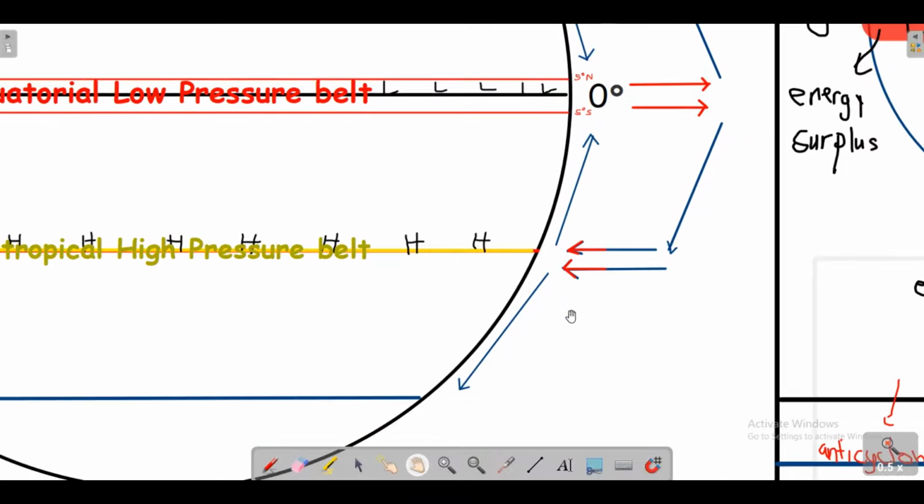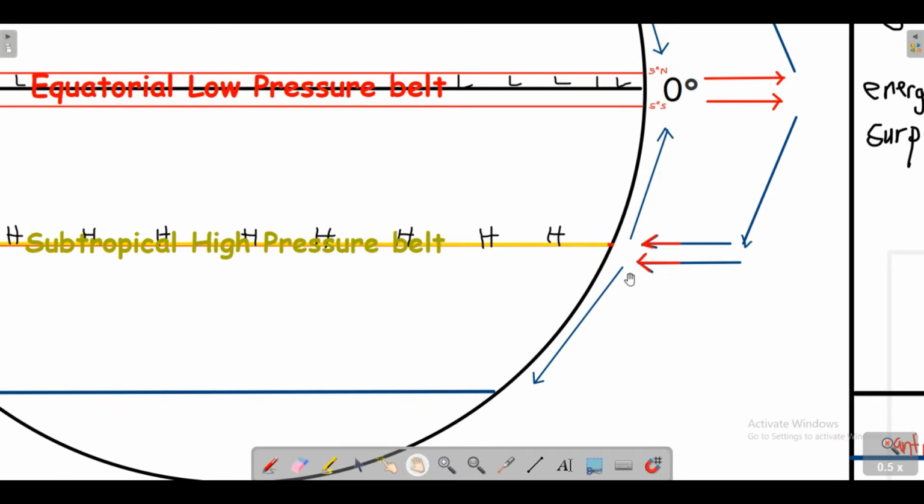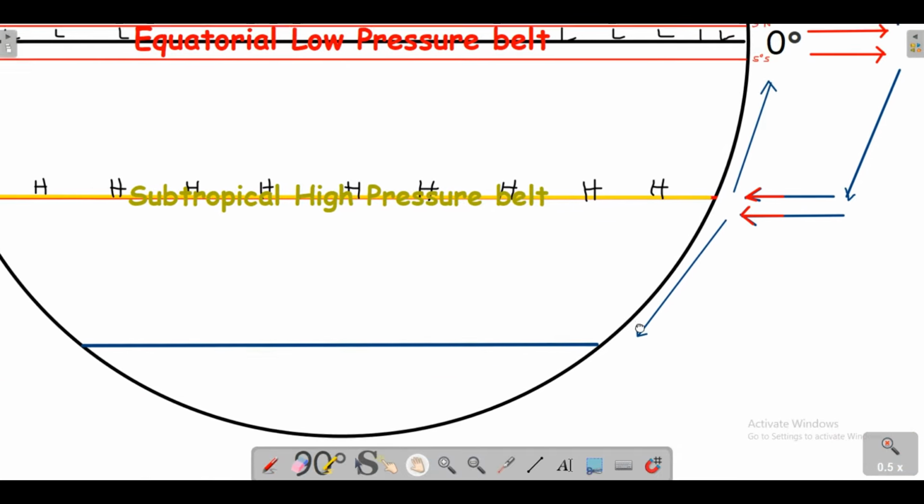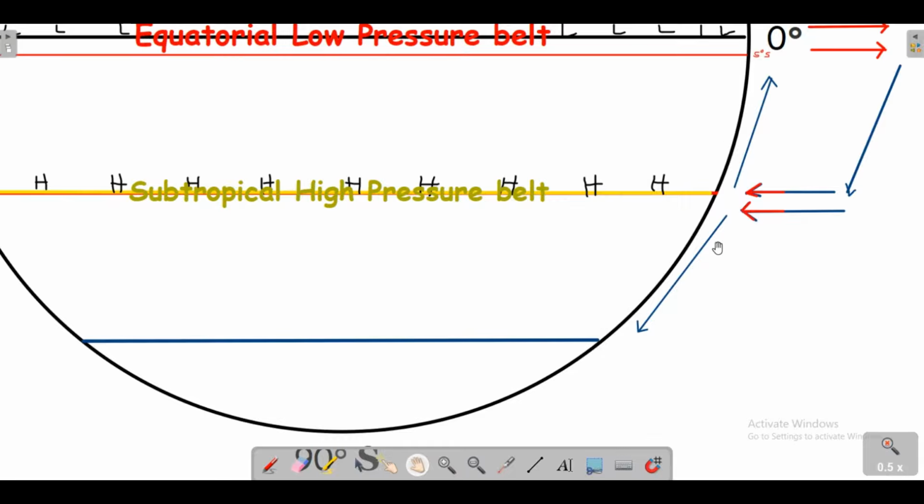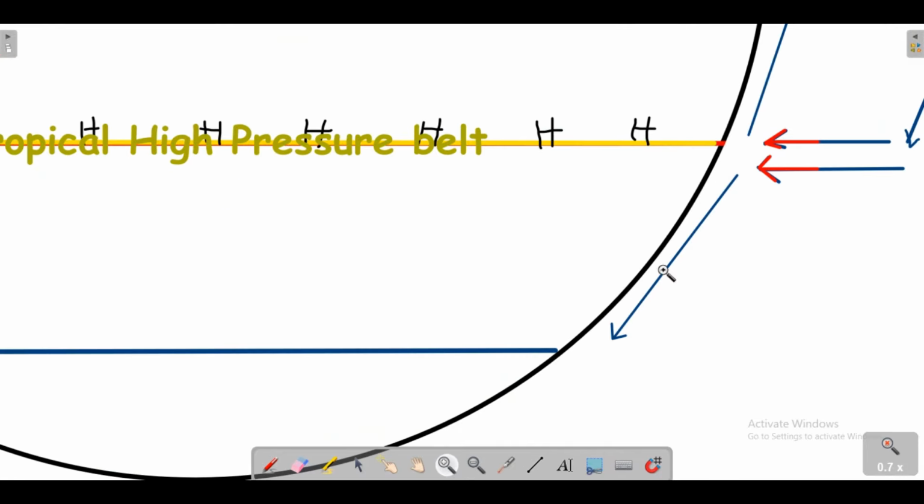Right, so now you have this warm air, because when it reaches the ground, it is already warm, then it separates to different directions. So this is warm air right over here.